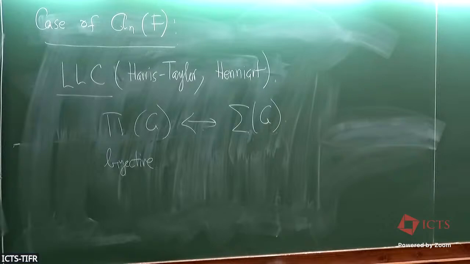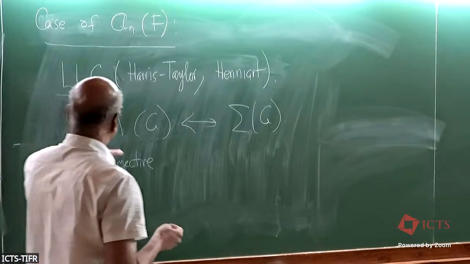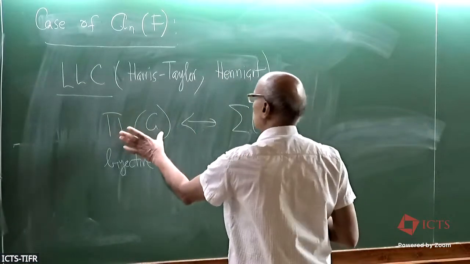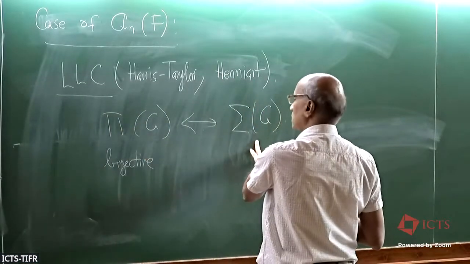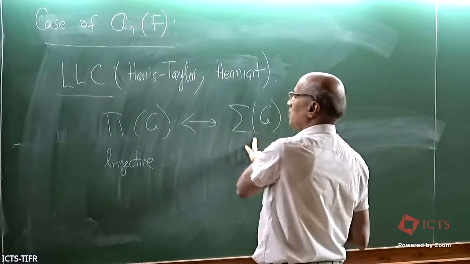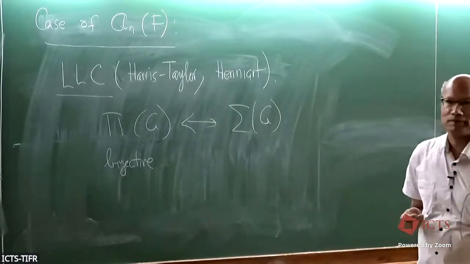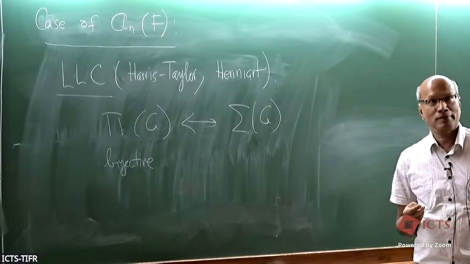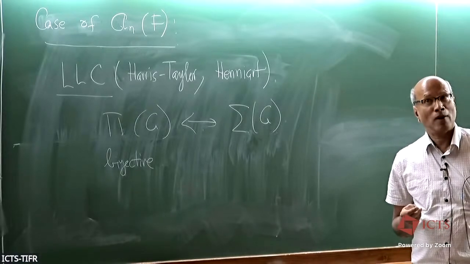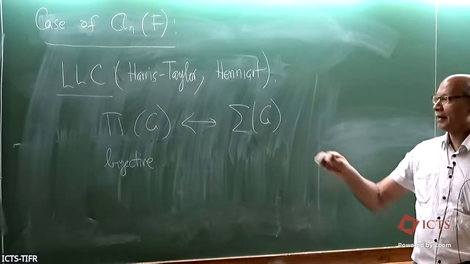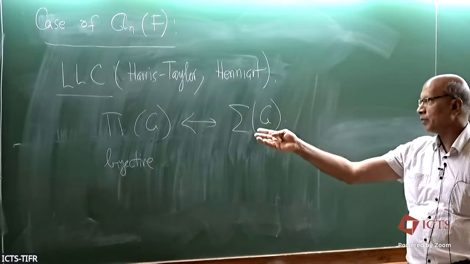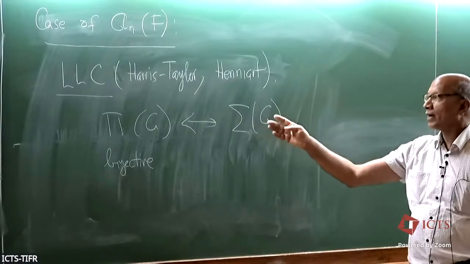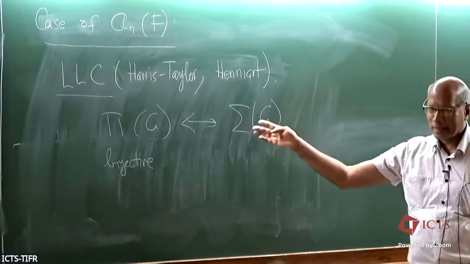And this is the Langlands correspondence. To a representation, there is a Galois representation, and that Galois representation is called the parameter. One of the problems in the local Langlands correspondence for a general group is that one doesn't know how to characterize it.